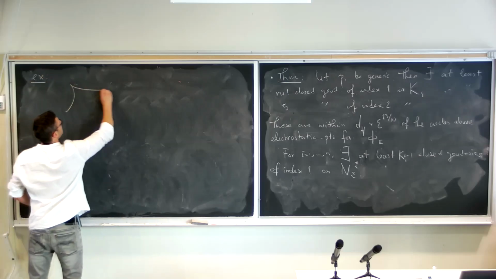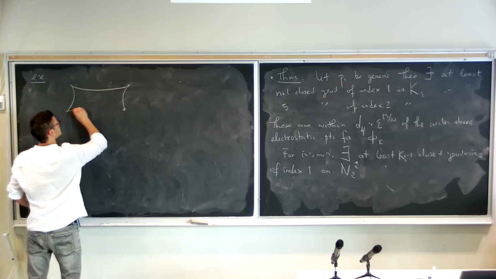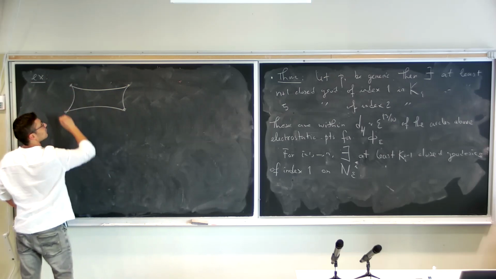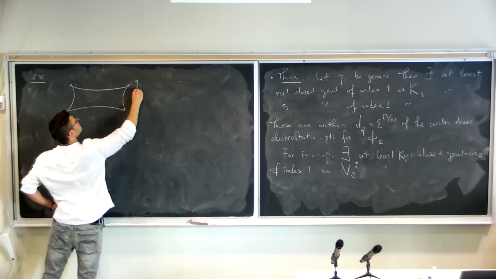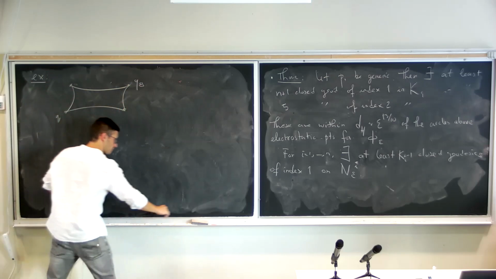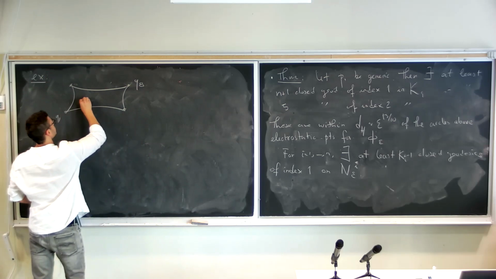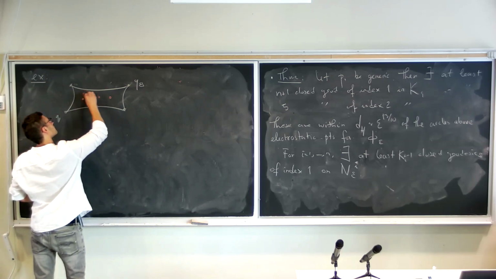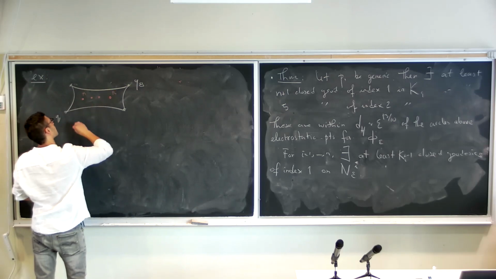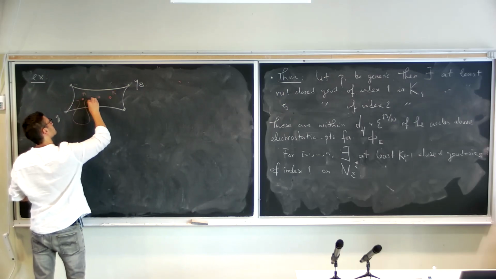So now I'm going to draw the three-torus just like that. And so we have Q1 and we have Q8 there. And then I'm going to choose 4 points, P1 up to P4. And so we have these bubbles here.